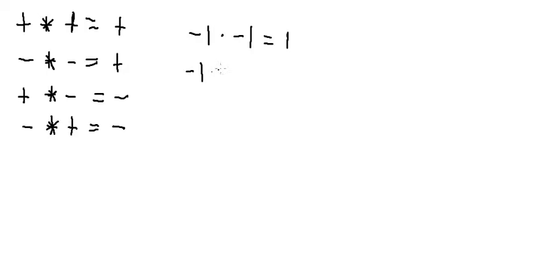What about negative 1 times negative 1 times another negative 1? Negative 1 times negative 1 is positive 1. Positive times a negative is a negative, negative 1. Pretty easy, right? These two turned into a positive. Positive times negative, because it's different, is negative.